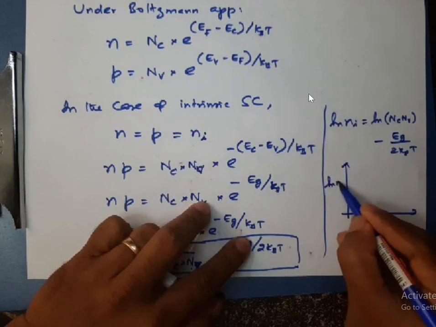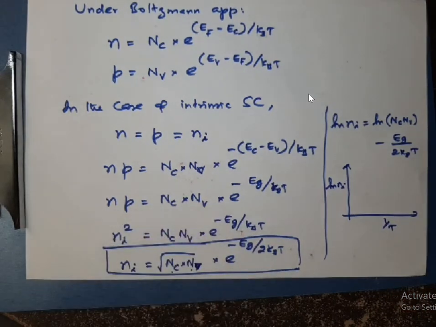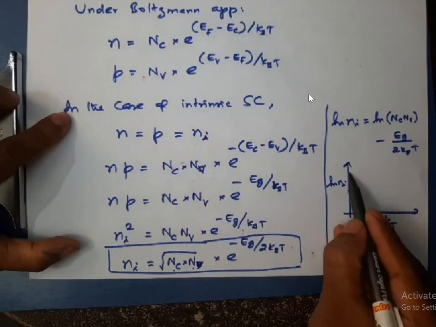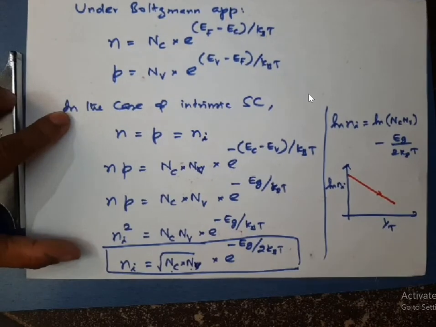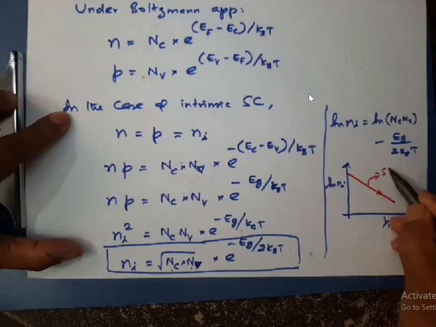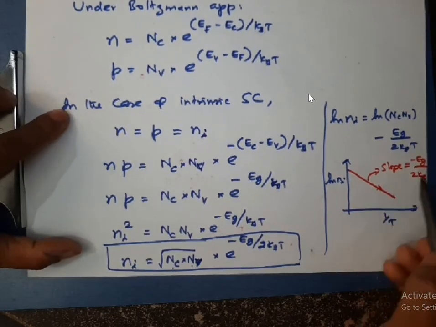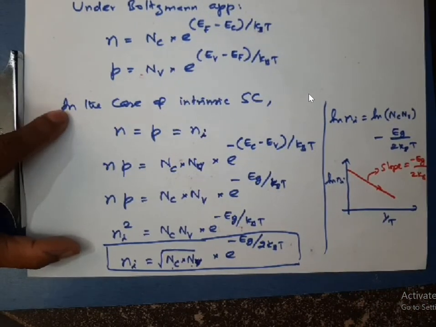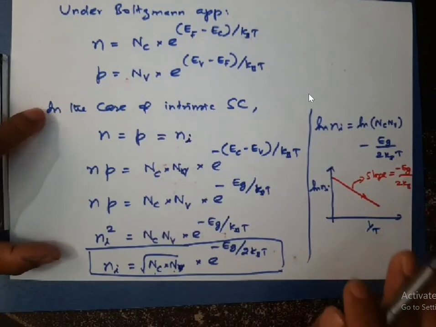If I plot ln Ni versus 1 by T, we'll get a straight line with a negative slope. The slope of this straight line is nothing but minus Eg by 2 kB. So if you know the slope, you can calculate the band gap, right? This is very, very important, so keep this in mind.